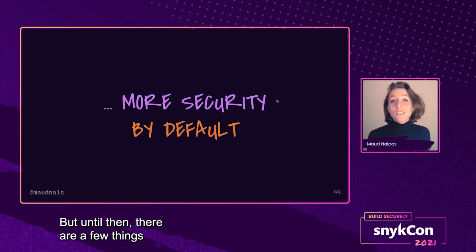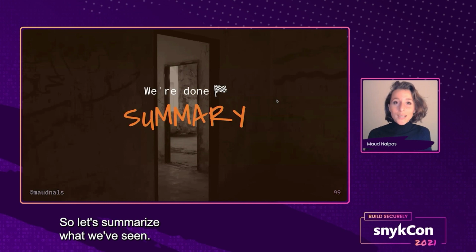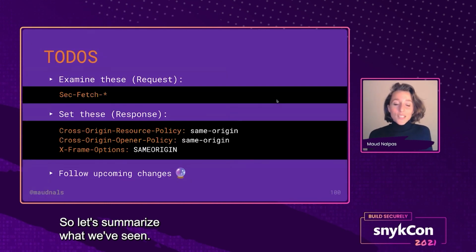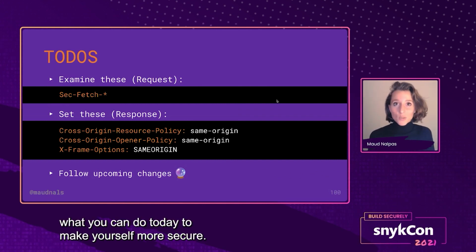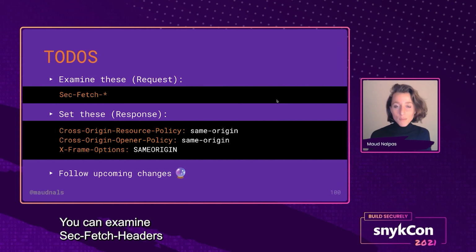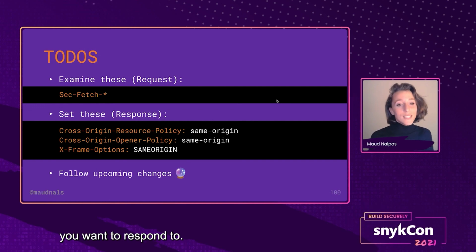But until then, there are a few things you can do to make your site more secure. So let's summarize what we've seen. Here are your to-dos, what you can do today to make your site more secure. You can examine Sec-Fetch headers in incoming requests and decide what requests you want to respond to.